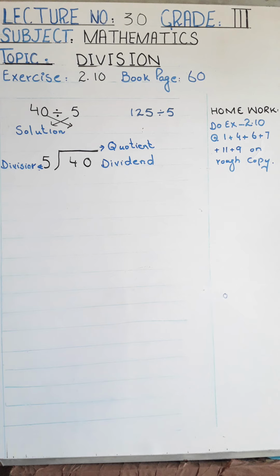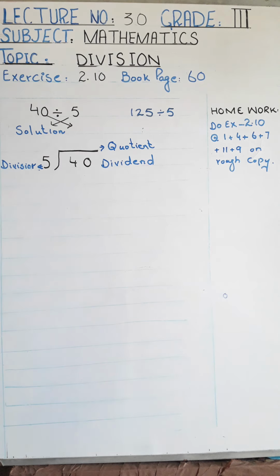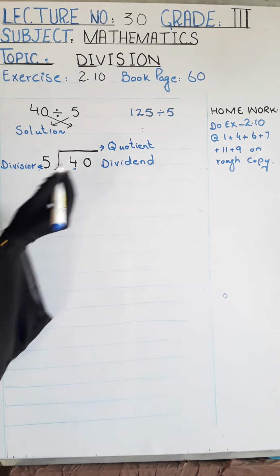Answer is called quotient. Okay, now students, remember, in multiplication, addition and subtraction, we start the solution from our right side. But in a division question, we start from our left side. Look at this number. This is 4.